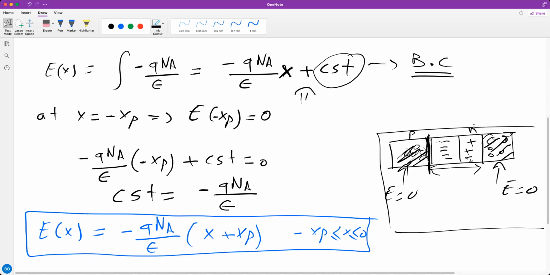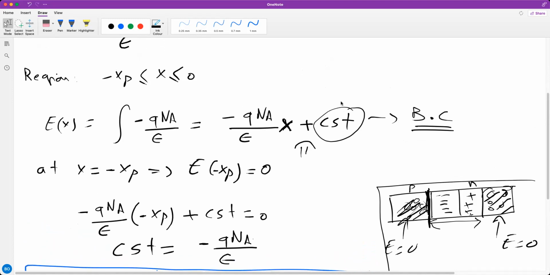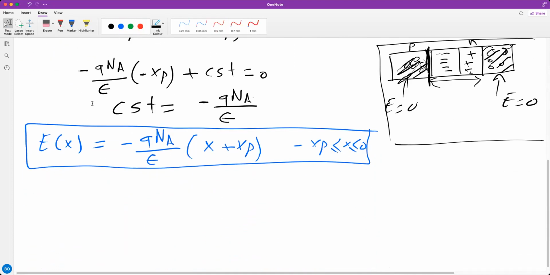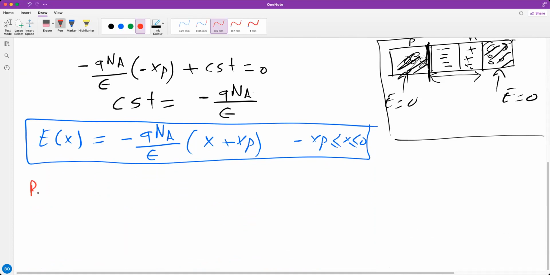Now we want to go to the other region. Remember, I did this region 1, and I want to go to region 2. So now the region between 0 and xn.